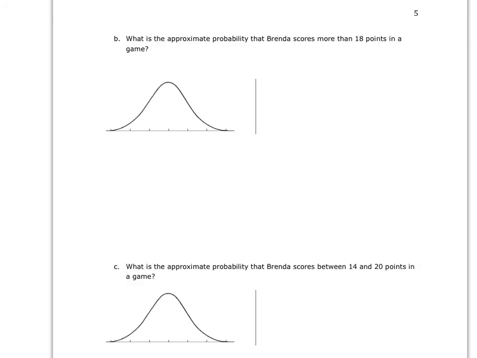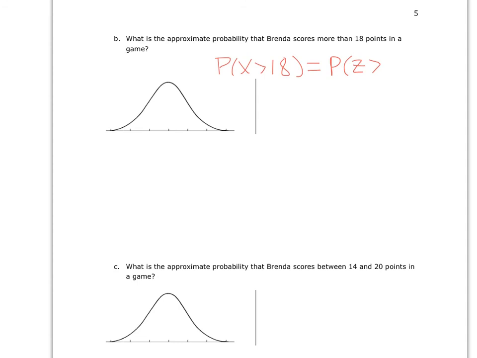Okay, here's another probability to approximate. We want the probability that Brenda scores more than 18 points in a game. So the probability that x is greater than 18. We want to convert this to a probability about z, so we want to fill in z is greater than what value.